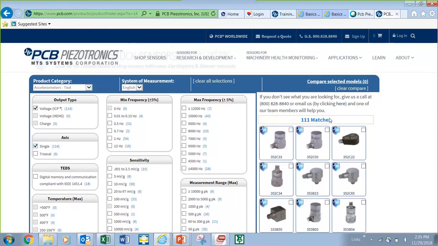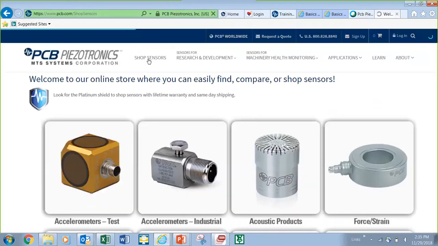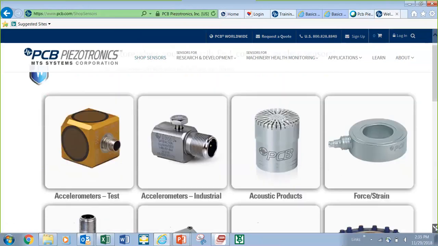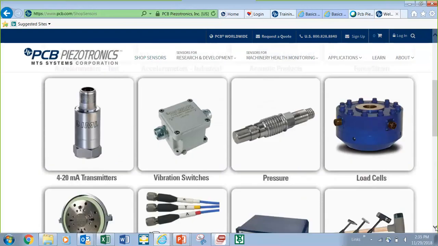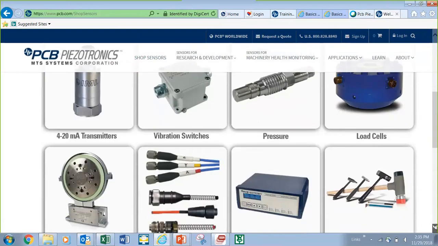So I won't spend much more time on this particular site, but I wanted to make you aware there is a tool that's available to you on the PCB website that helps you narrow down the selection of an accelerometer, or if you need other products, that includes our industrial accelerometers, microphones, force sensors, 4-20 transmitters, vibration switches, pressure sensors, load cells, torque sensors, signal conditioning, modal hammers.